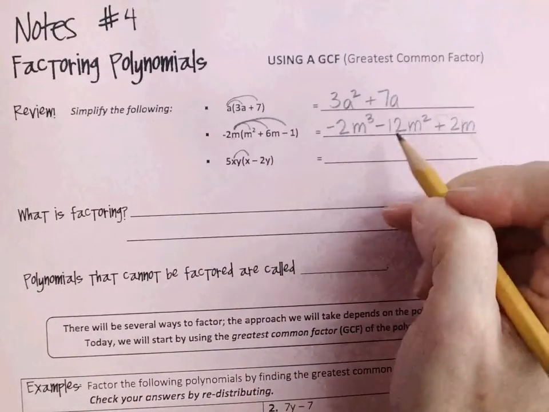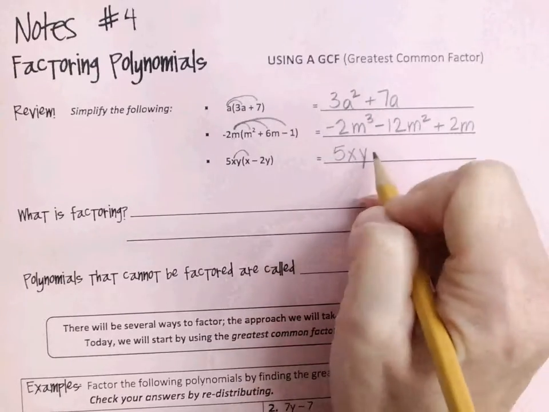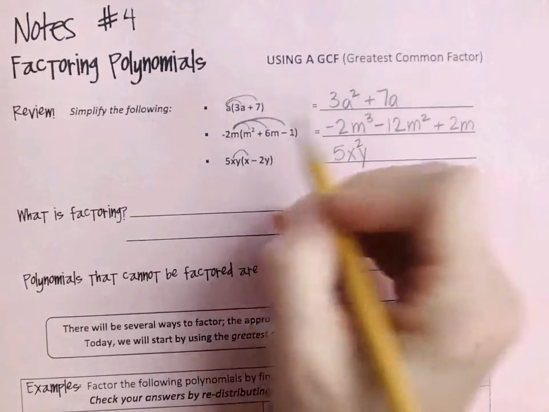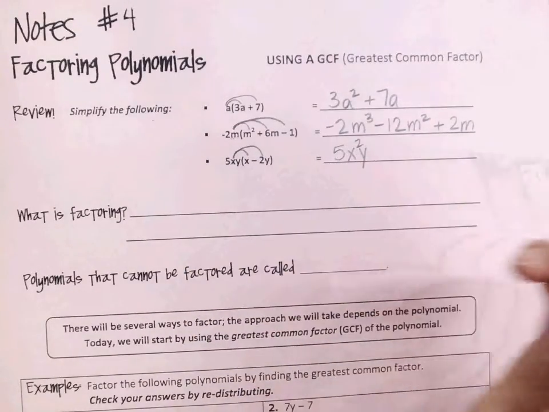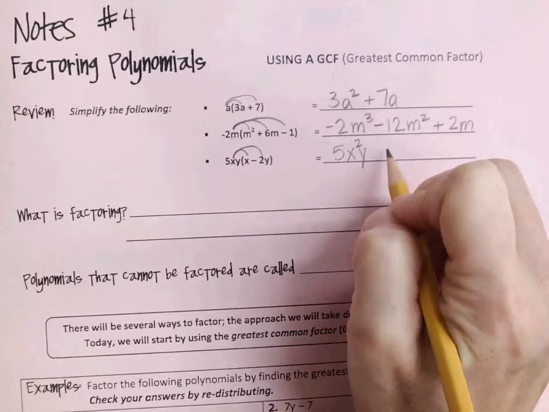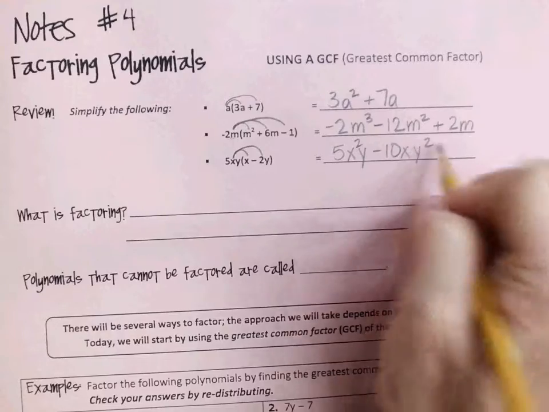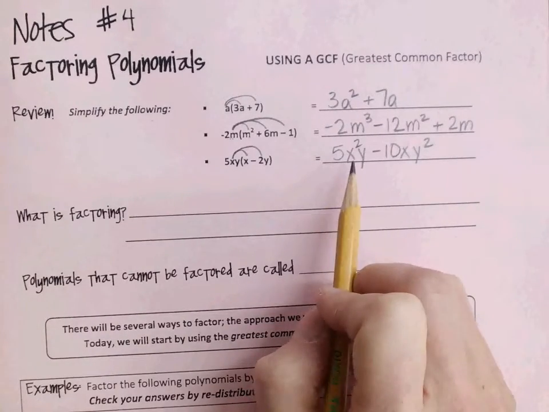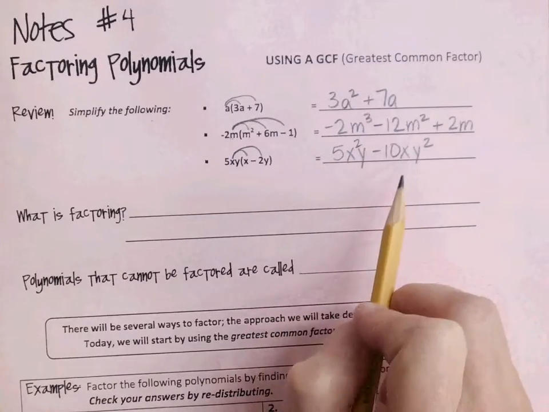So when we do 5xy times x, we get 5x squared y. Then 5xy times negative 2y, again coefficients first, so 5 times negative 2 is negative 10, then xy squared. So it is in alphabetical order, and then by highest exponent, so x squared, then the x.